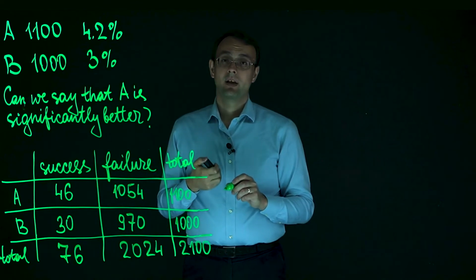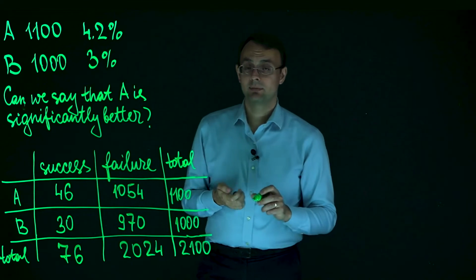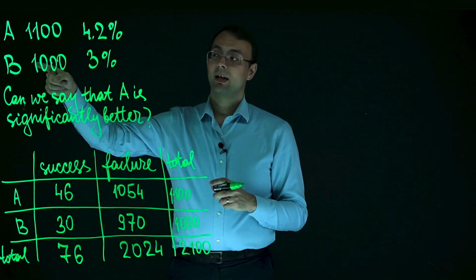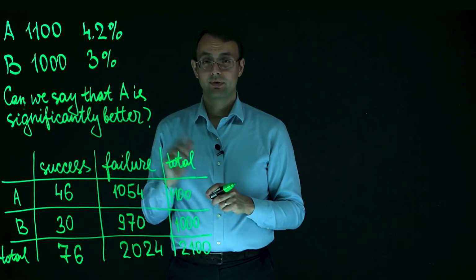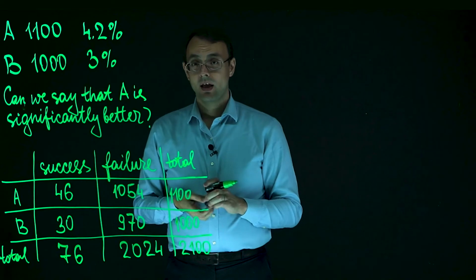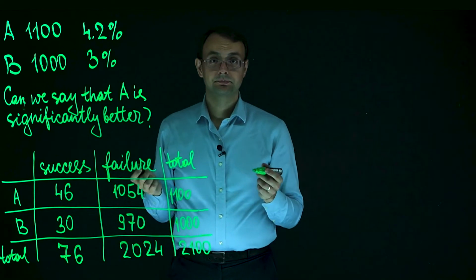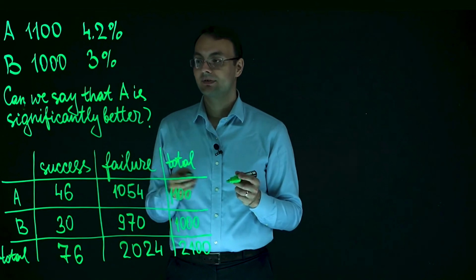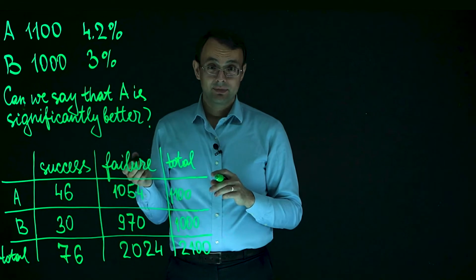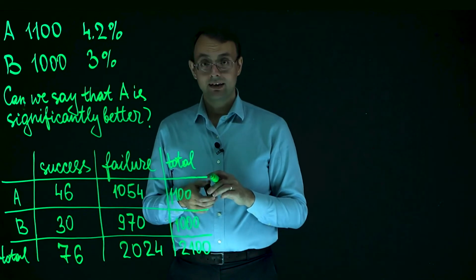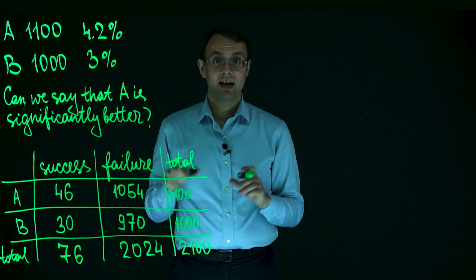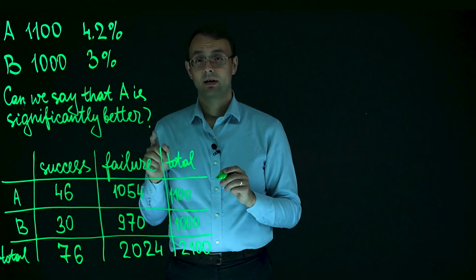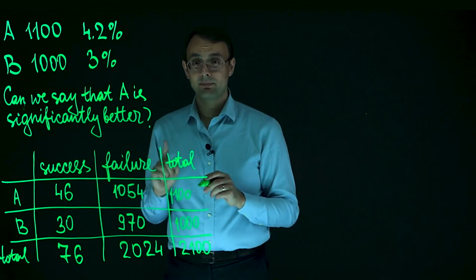P1 is the probability of purchase for those who were shown the A variant, and P2 is the probability of purchase for those who were shown the B variant. As they ask, can we say that A is significantly better than B? This means they are asking, can we say that P1 is greater than P2? So the hypothesis they are asking us to test is that P1 is greater than P2.